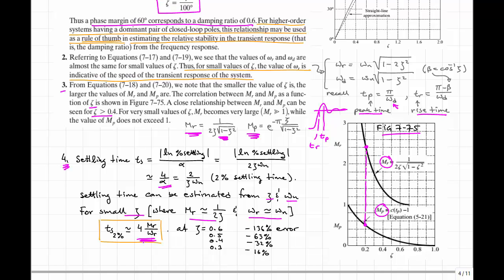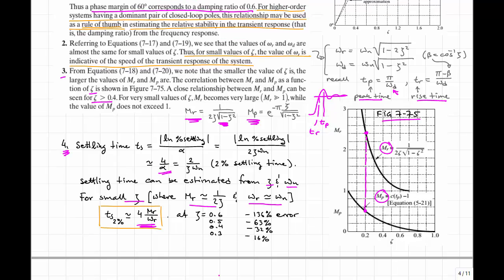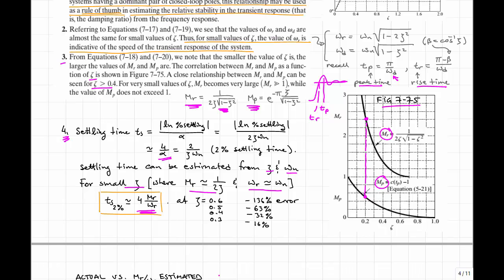Now there's going to be error in this, and I have a couple examples here. For zeta of 0.6, we actually have 136% error. For zeta of 0.3, we have 16% error. But in all cases, the settling time will be shorter than what this approximation will indicate.